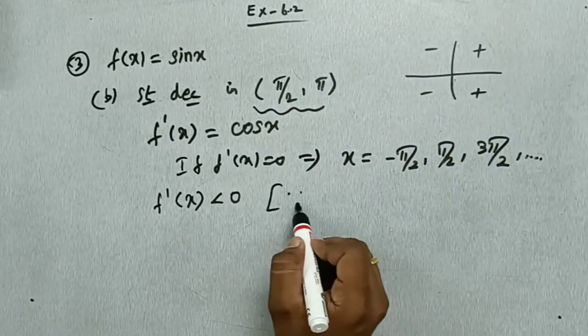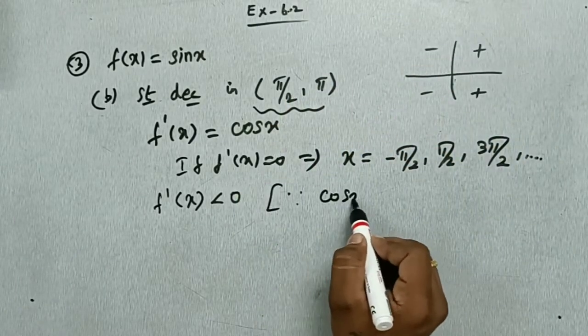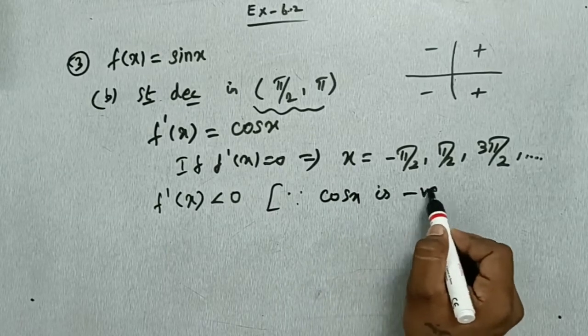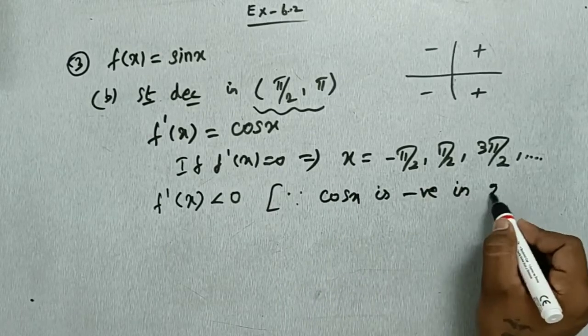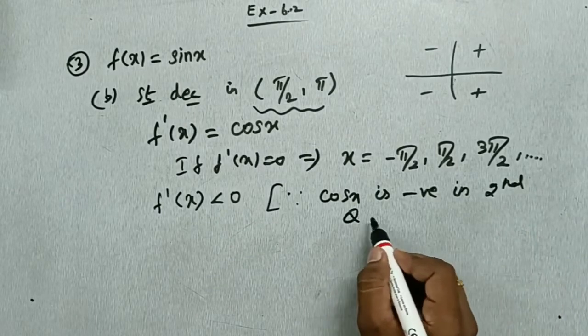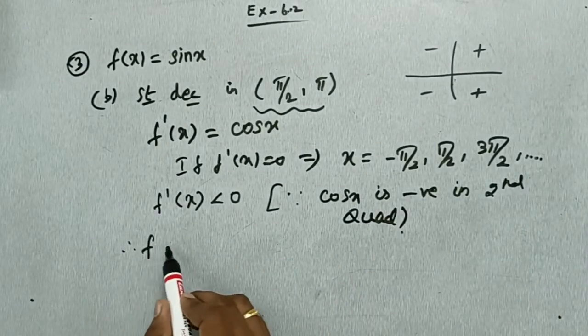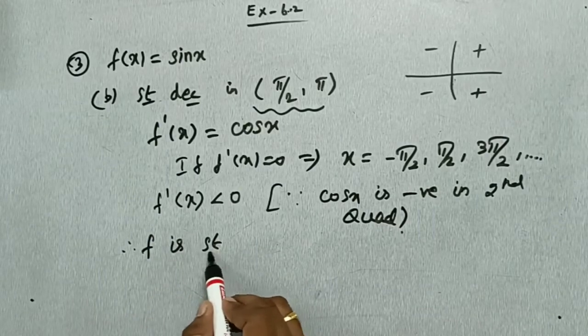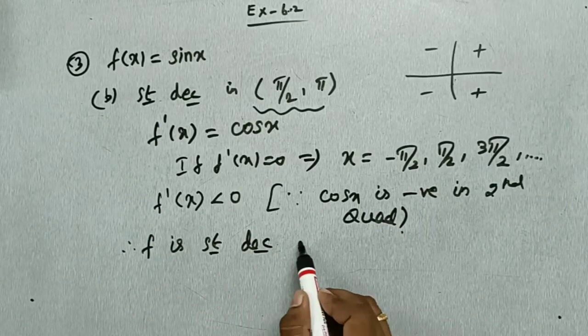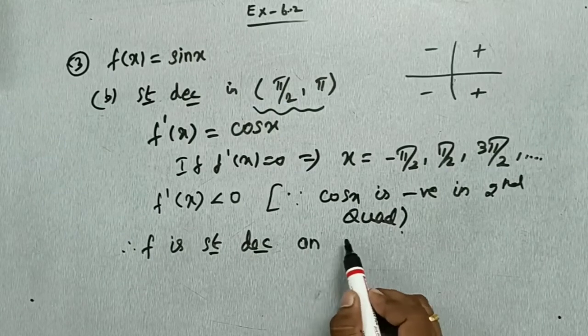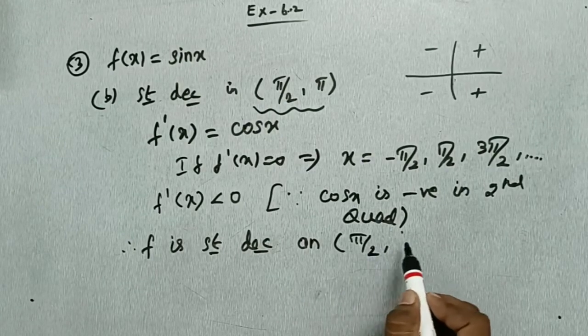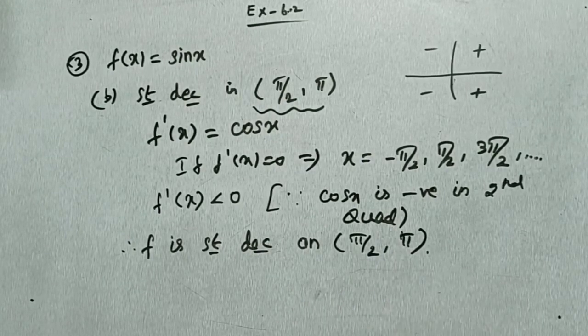So we can write that since cos x is negative in the second quadrant, therefore f is strictly decreasing on the open interval pi by 2 to pi. Clear?